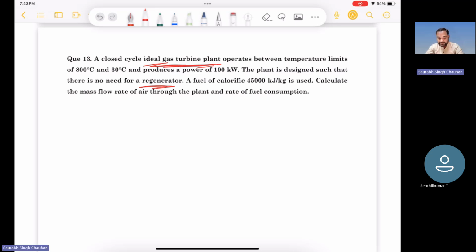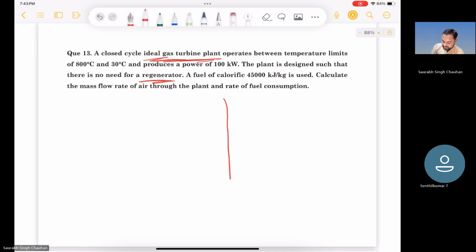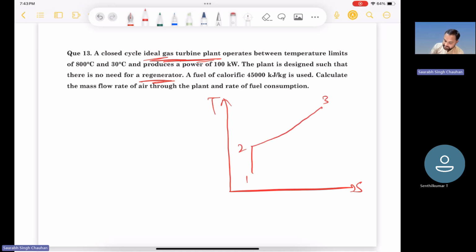So this is also easy, right? First of all, you should make the TS diagram. A simple cycle: 1 to 2 is the compressor, 2 to 3 is heat addition, 3 to 4 is the turbine. Temperature at point 1, T1, is 30 degrees Celsius. First convert these values into Kelvin, so T1 will be 303 Kelvin.